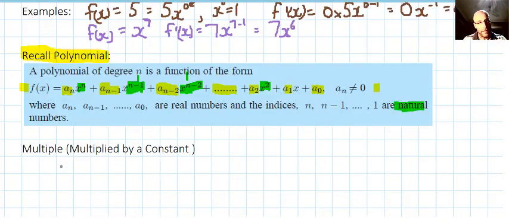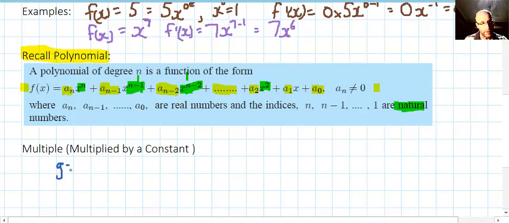So if we have something like, let's say, you might be sick of me using f of x, let me use g of x now. So let's say we had, going back to that one, we had that funny 5 and that was a bit awkward. Let's do something slightly different. Let's use the 5, but let's say it's 5x to the 9 now. The derivative of 5x to the 9, how do we deal with that now? It's not just x to the 9, it's 5x to the 9.